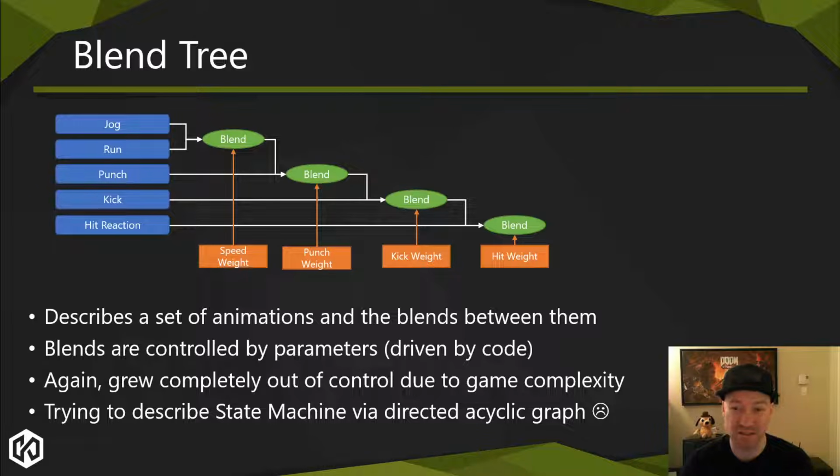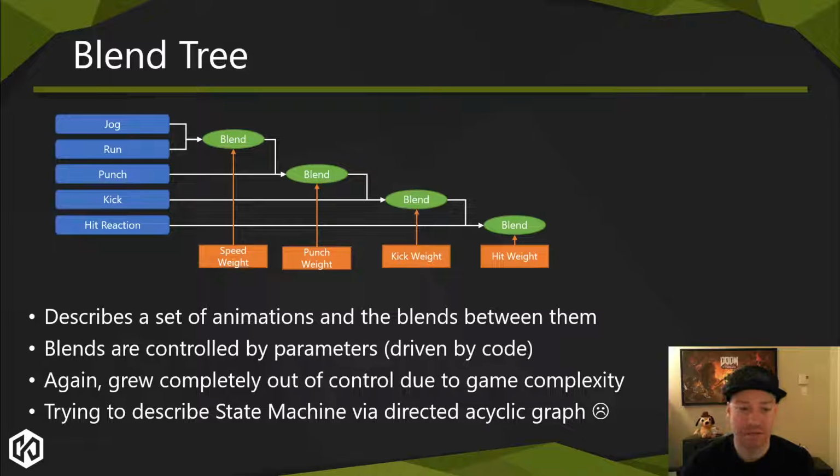They would try to model a state machine in a blend tree by manually saying, okay, now blend in the kick and blend out everything else. Then, okay, now I need to go to a punch, so I'll blend out the kick and blend in the punch. They were managing these weights manually. This was just painful to work with and really hard to manage. And again, there was a huge code dependency on this.